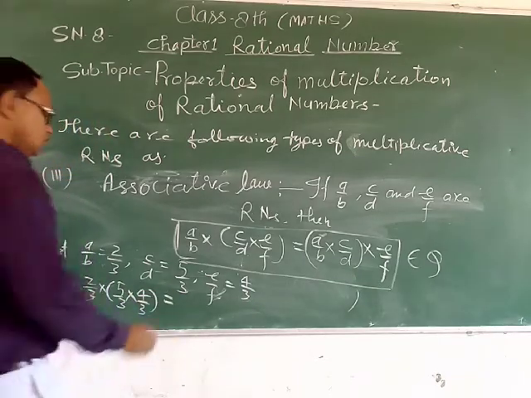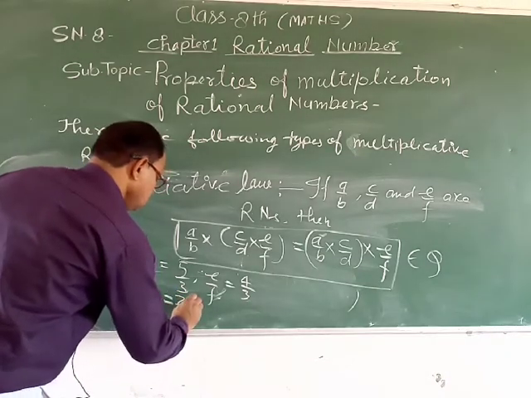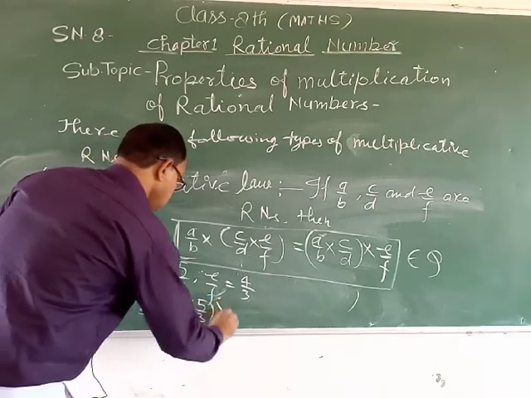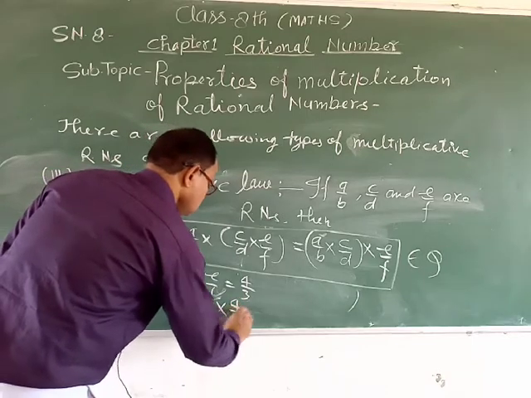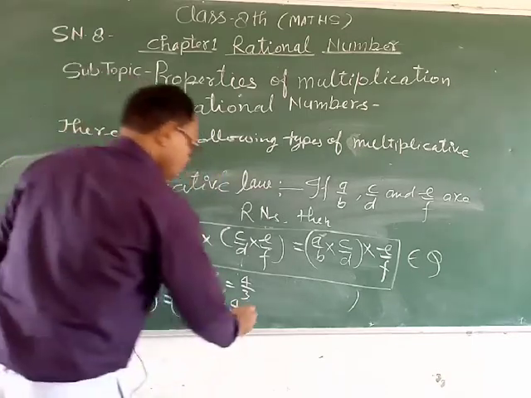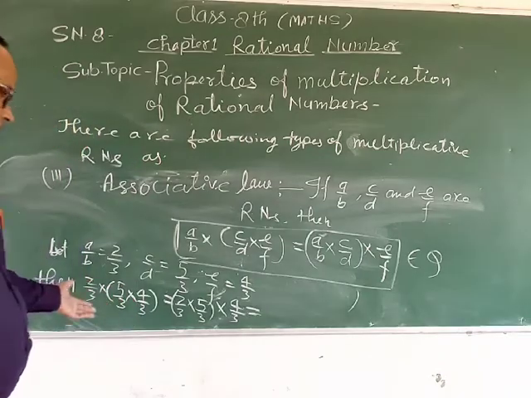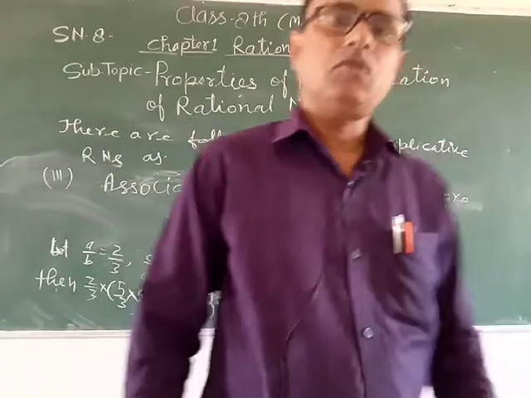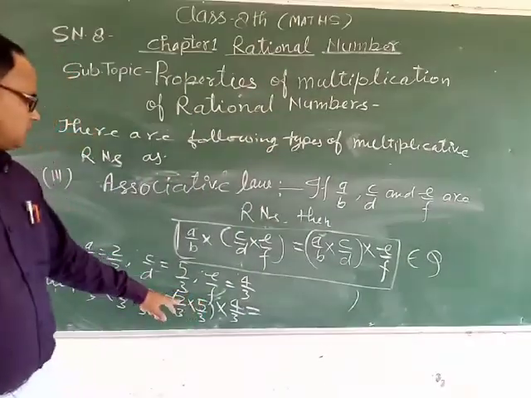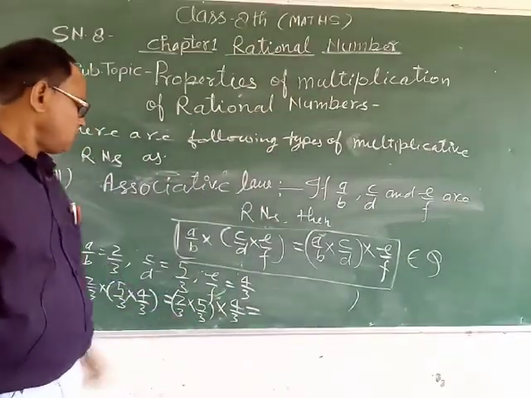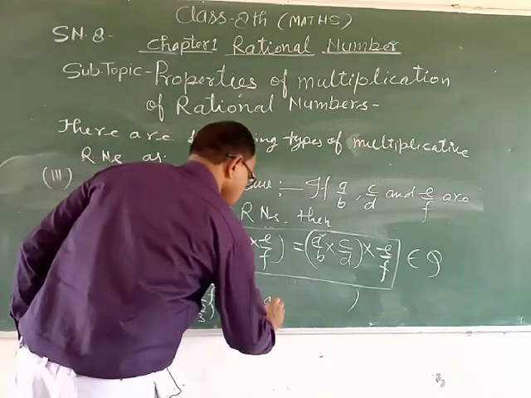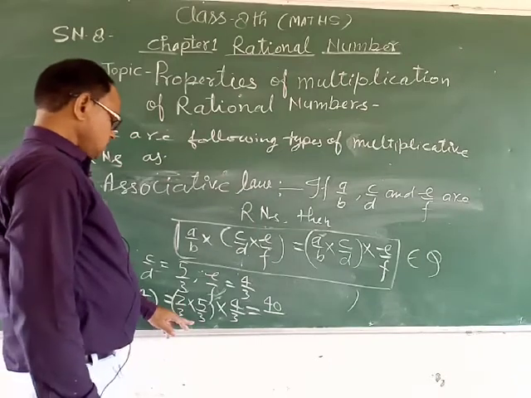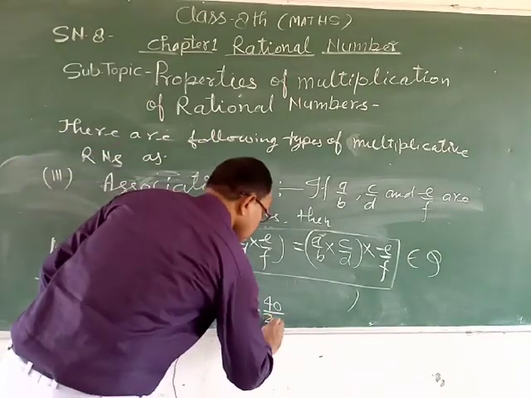During the calculation we get 5 twos are 10, 10 fours are 40, 3 threes are 9, 9 threes are 27.